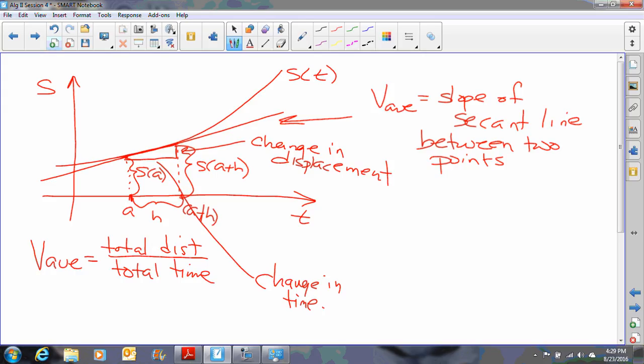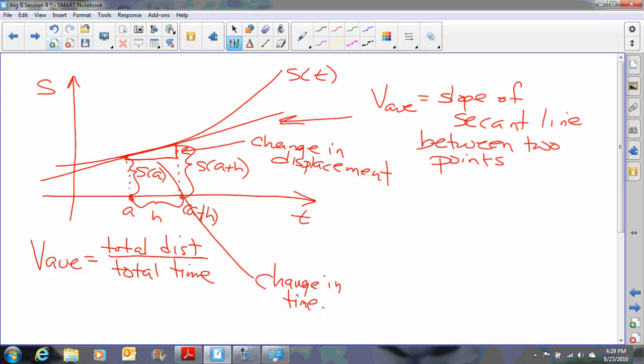And as these values get closer and closer together, as h gets smaller and smaller, as these 2 points get closer together, that average velocity begins to look more and more like the instantaneous velocity. So the instantaneous velocity at point a turns out to be the limit as h approaches 0 of s of a plus h minus s of a over h, which is exactly the same thing.